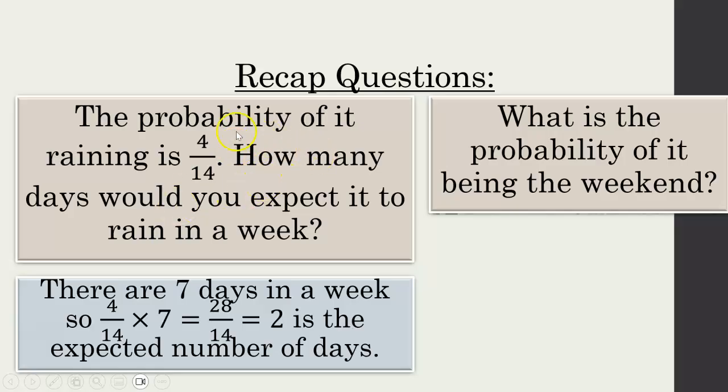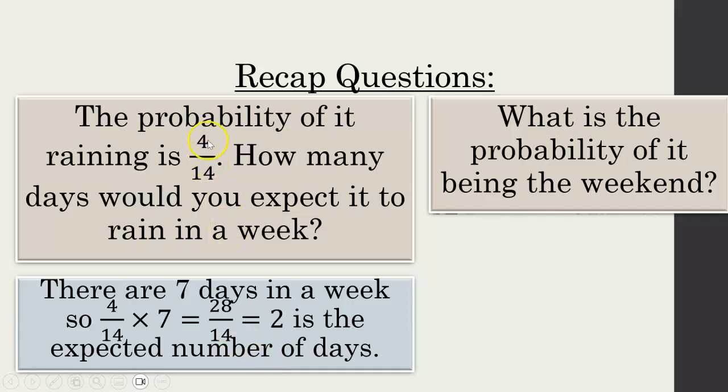So in this case, how many days would you expect it to rain in a week? There are 7 days in a week. So if I pick any day, the probability of it raining is 4 over 14. So for 7 days, I'd have to multiply it by 7. So 4 over 14 times 7, that's 28 over 14, or 2.